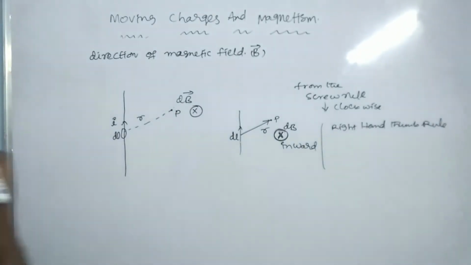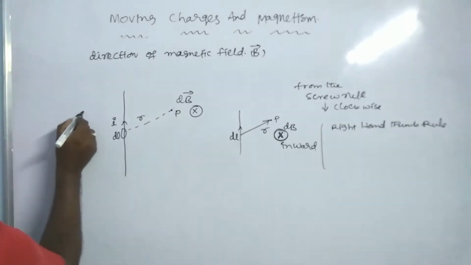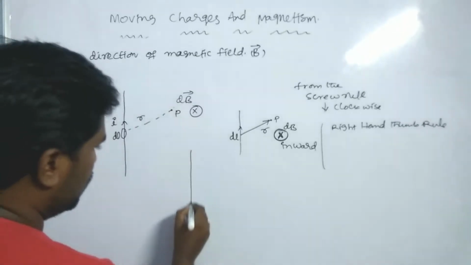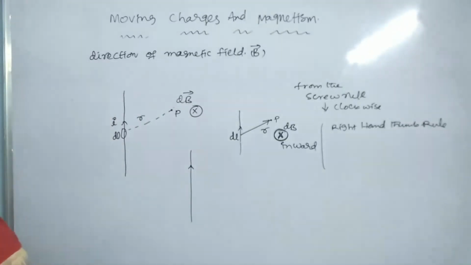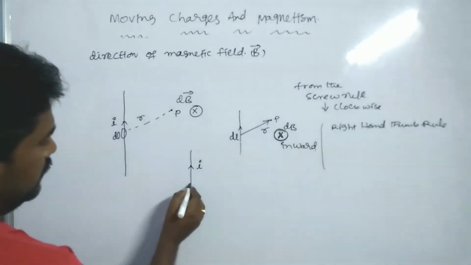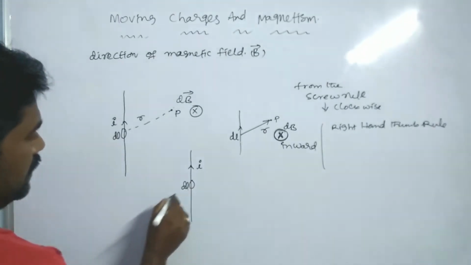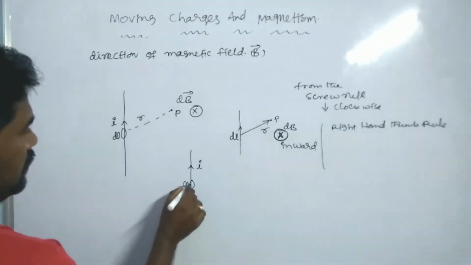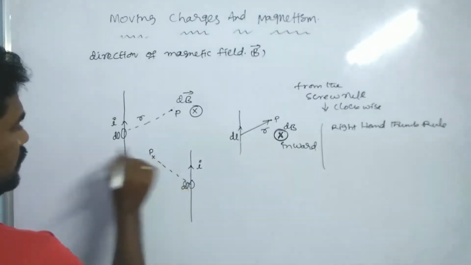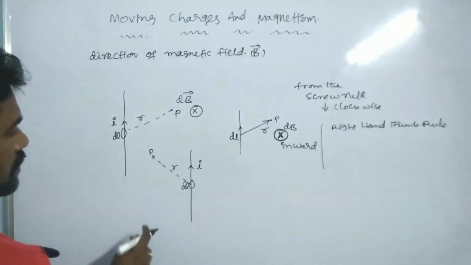Okay, if there is a point here, so this is the current carrying conductor, current I passing, and from the dl element there is a point which you have to select, point P, at your distance.